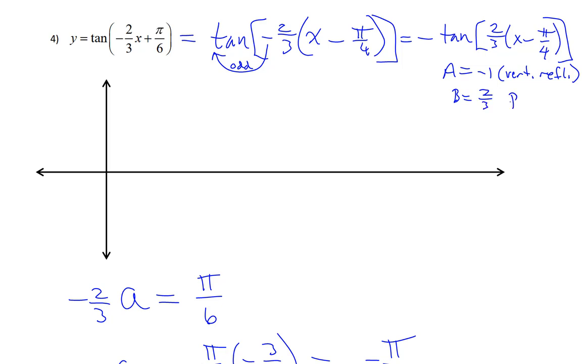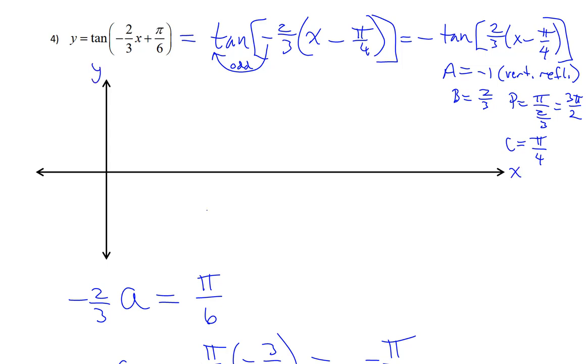And we find our period by doing the original period divided by B. Well, the original period of tangent is pi. So we're looking at pi divided by 2/3, which means we have 3 pi over 2 as our period. We also are going to shift. We'll just note for now that C is going to be pi over 4, so that'll be shifting to the right a little bit.